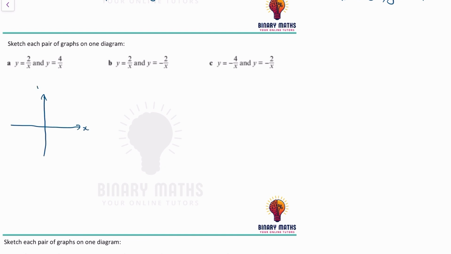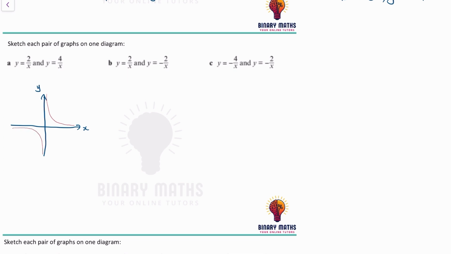This is x and y. So 2 over x has asymptotes at the x-axis and the y-axis. Let's try that again. So try to make it as smooth as you can, getting closer and closer to the axis.